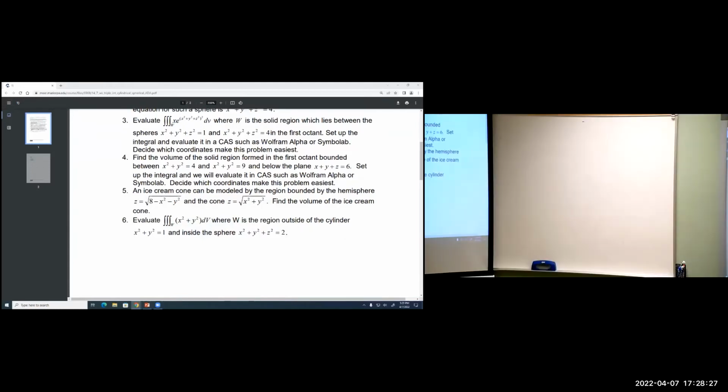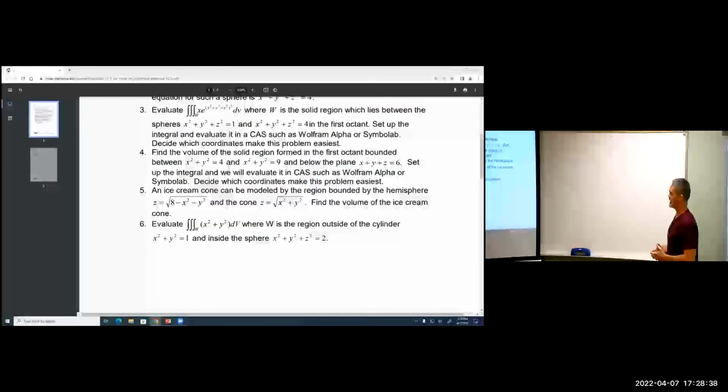Okay, so in this one, I'm not going to plot this one, but we've got a cylinder inside a sphere, and we want the region outside the cylinder and inside the sphere. So let's give a side view of what's going on here.